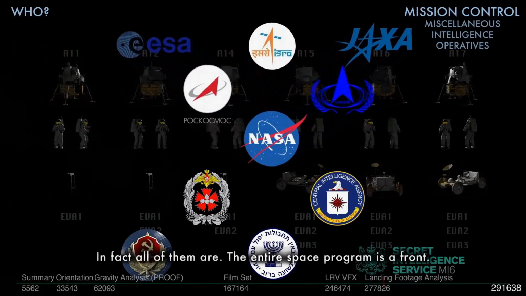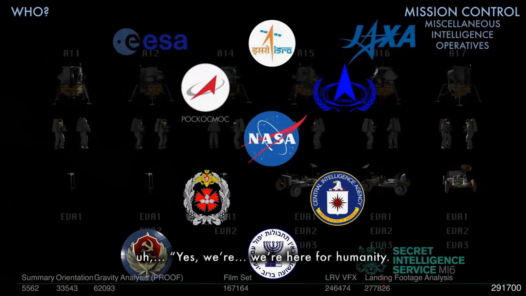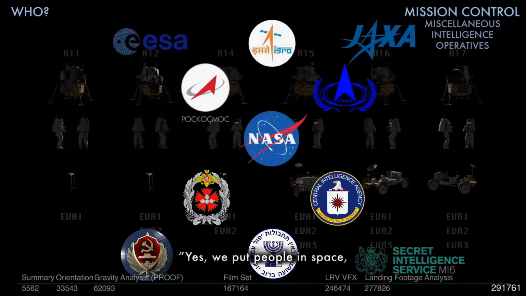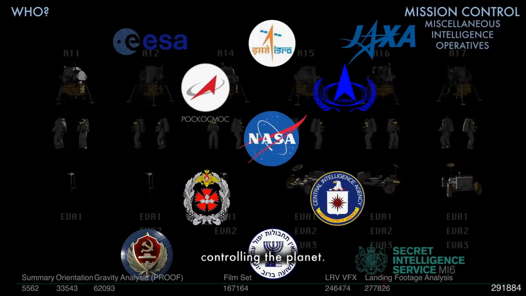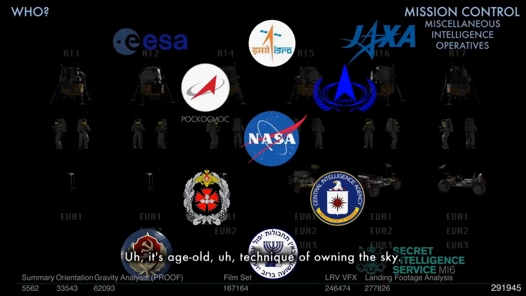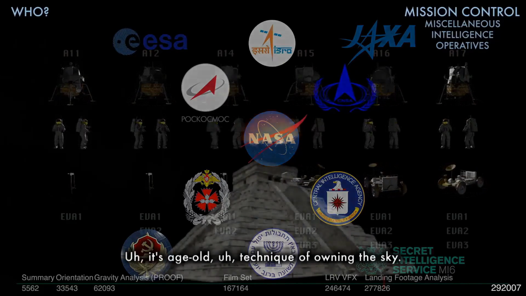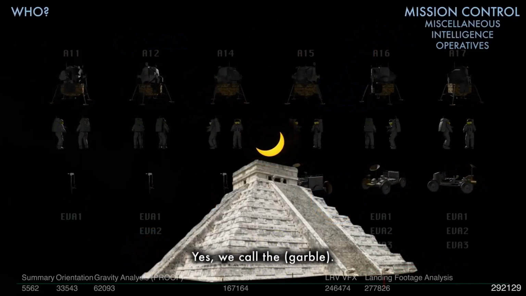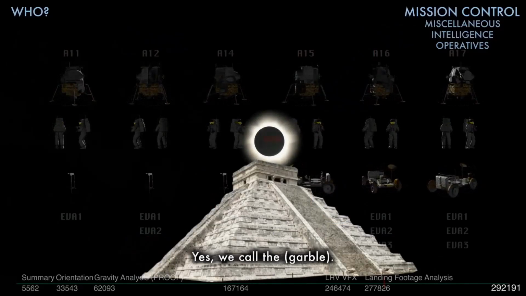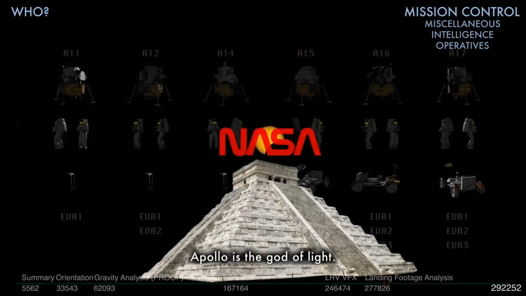The entire space program is a front. Such companies say, yes, we're here for humanity, and yes, we put people in space, but no, we're putting spy satellites over the planet, trying to control the planet. It's an age-old technique of owning the sky. Yes, we try to communicate with the heavens, but we are in communication with the gods.